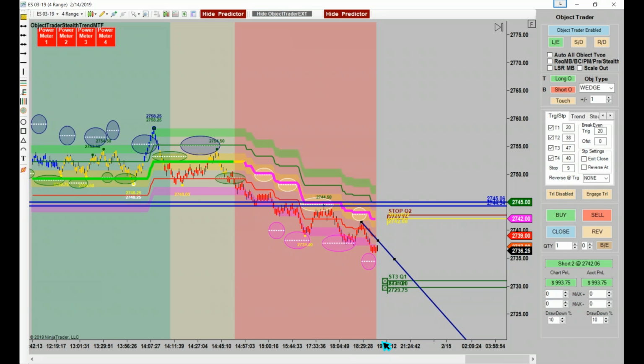We don't know if this is going to go down any further than this yet, do we? Absolutely not. So see how I'm protecting that right there? See if it takes that out at all. Didn't yet.